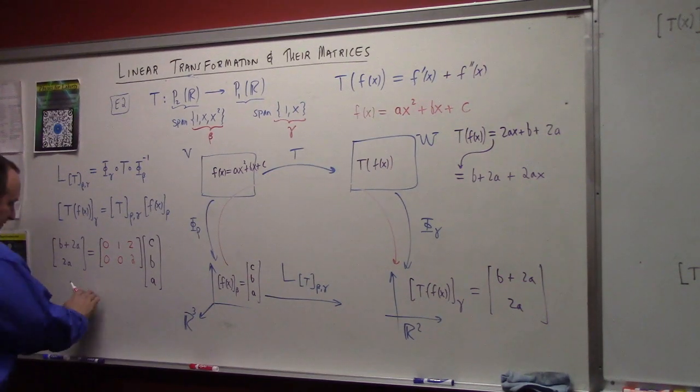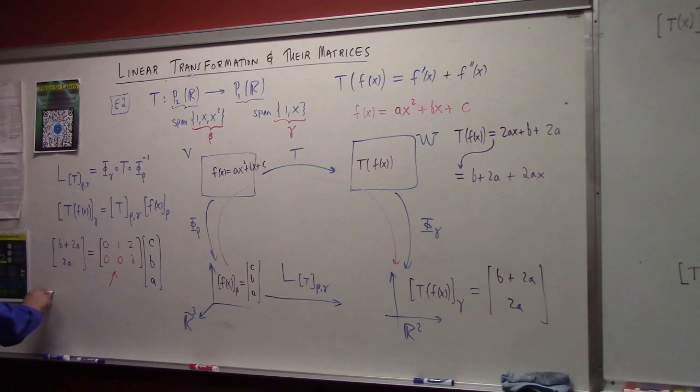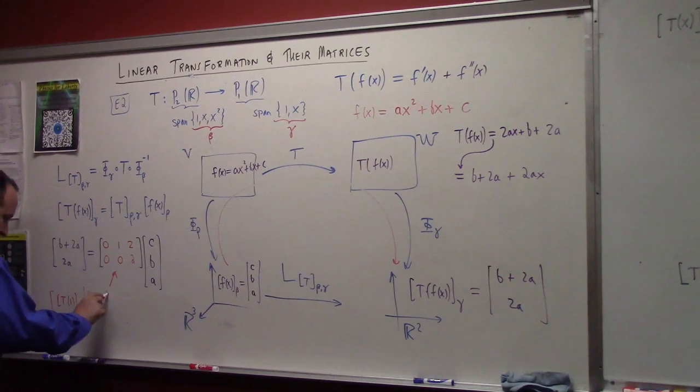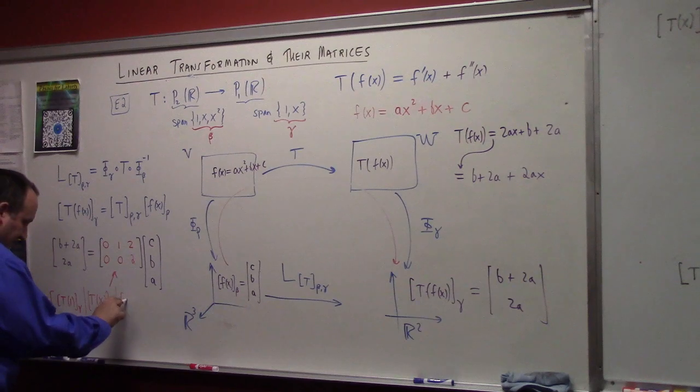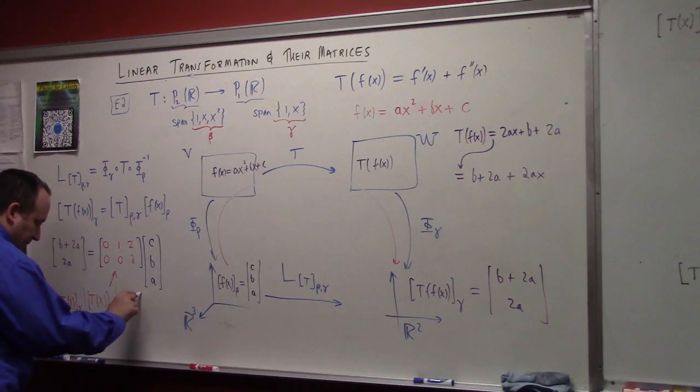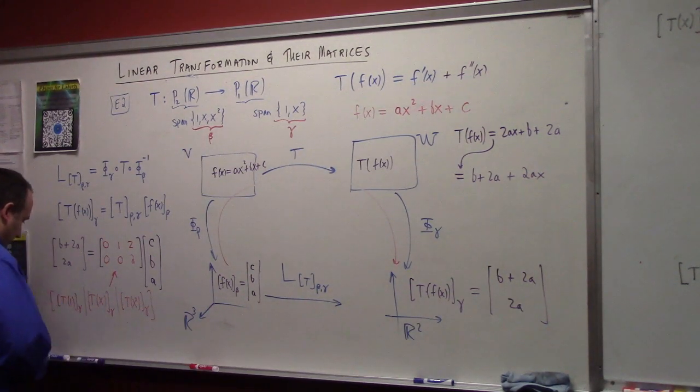Now, of course, this you could also look at as the matrix formed by the coordinate vector of T of 1 with respect to the gamma basis, then the coordinate vector of T of x, and then the coordinate vector of T of x squared with respect to the gamma basis. And T of 1 would have been 0, right?